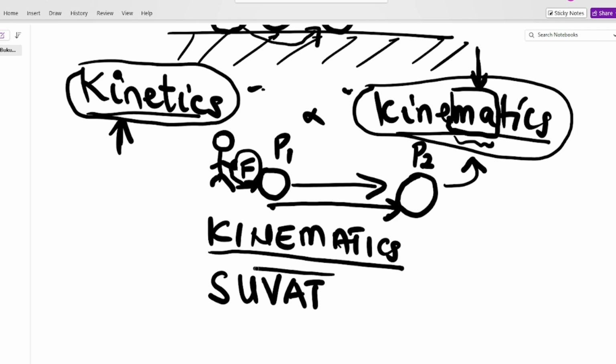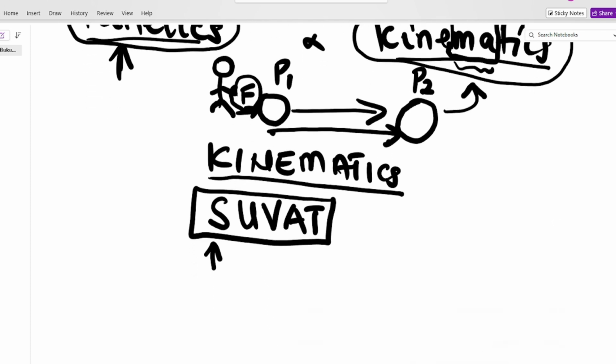This is the SUVAT. These are individual terms: S, U, V, A, and T. The S is going to be a bit confusing, but it's for distance, the distance traveled by the body during the motion.